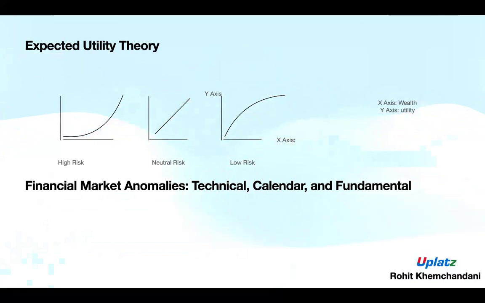The expected utility theory was initially coined with a mathematical explanation by Nicholas in 1738. It was regarded as the classical theory of utility.